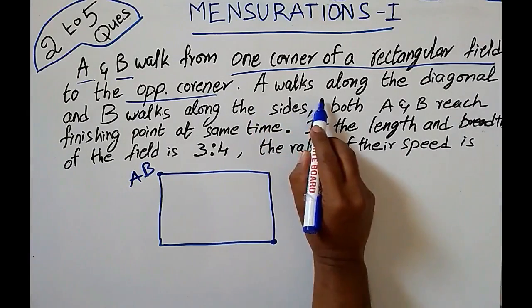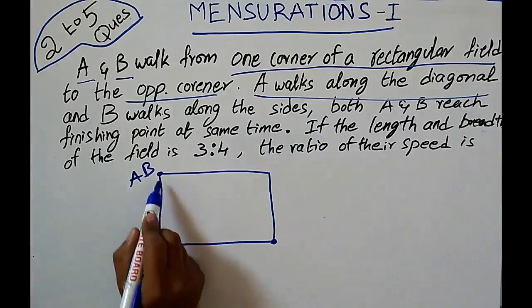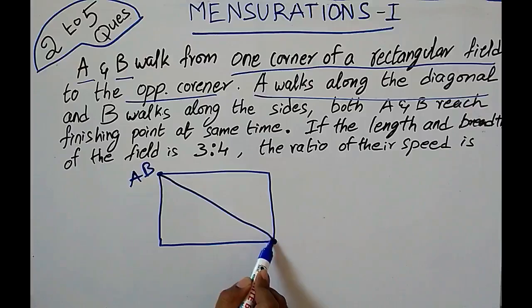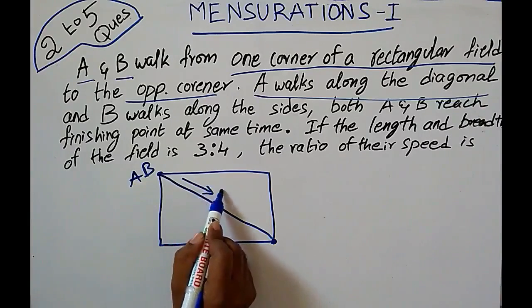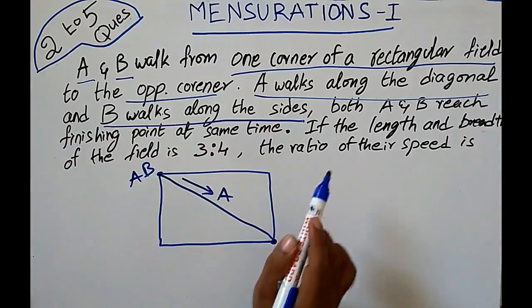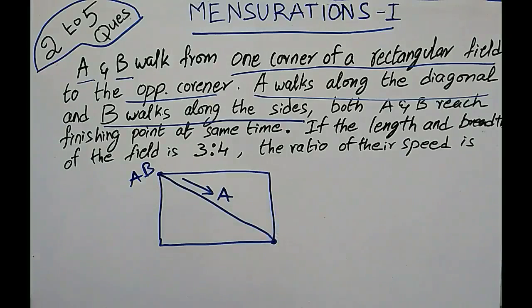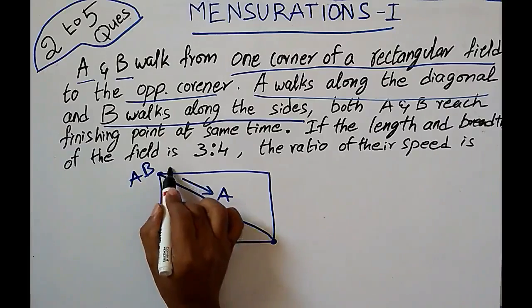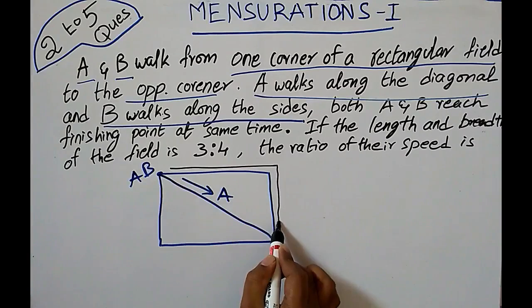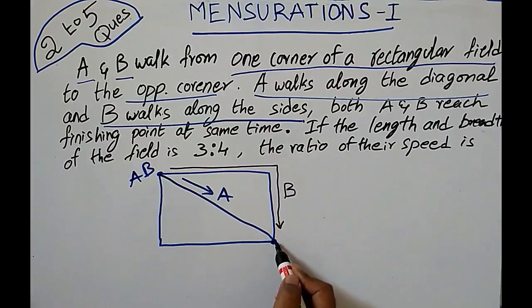Here A walks along the diagonal and B walks along the sides. Suppose that B walks in this way and reaches the opposite corner.